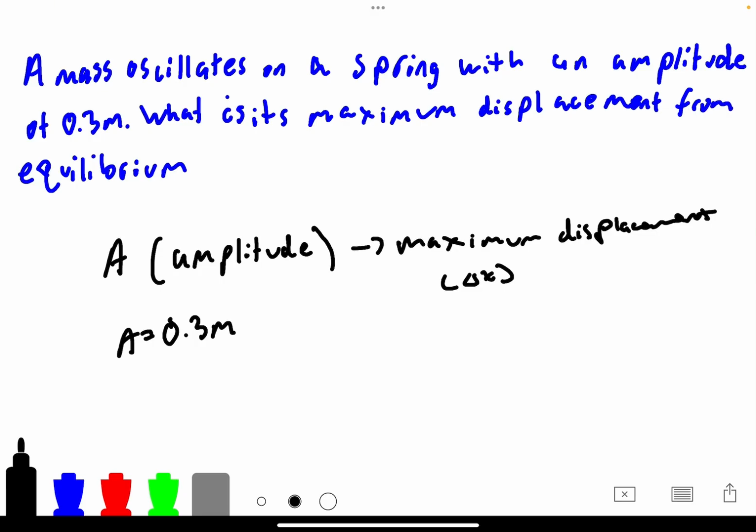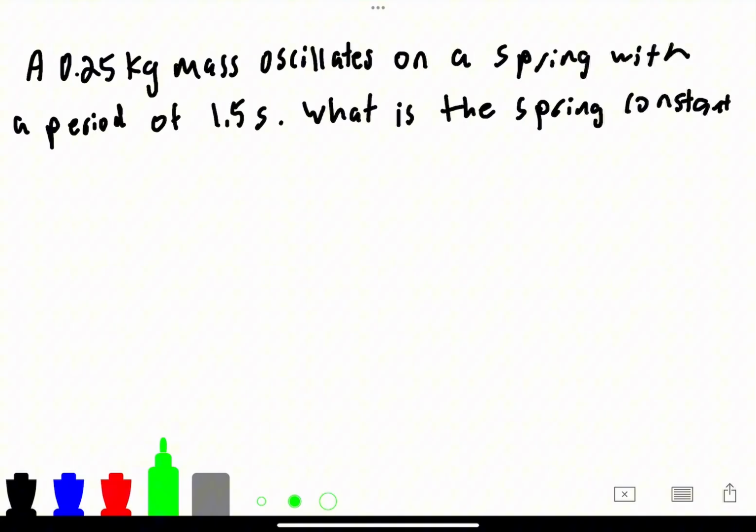Amplitude is shorthand for maximum displacement.